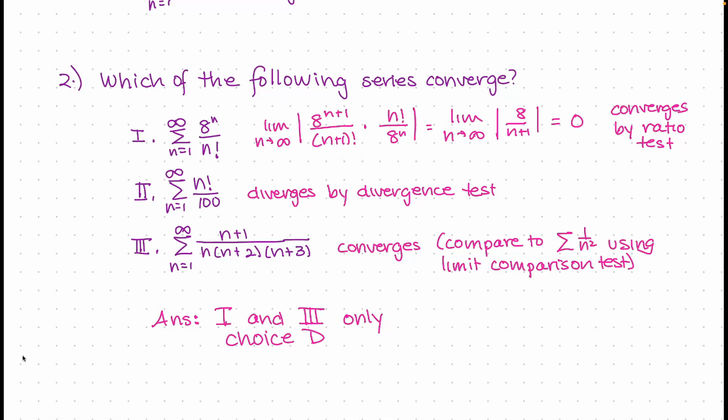It doesn't say anything about convergence, so that's the wrong thing. As n gets bigger, this fraction is just going to keep getting bigger. It doesn't go to 0. Any other questions?